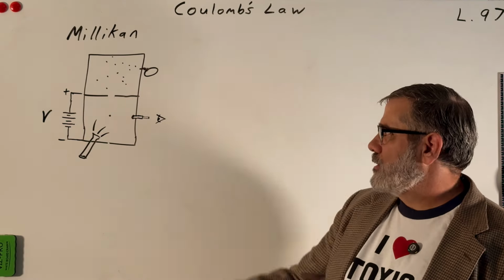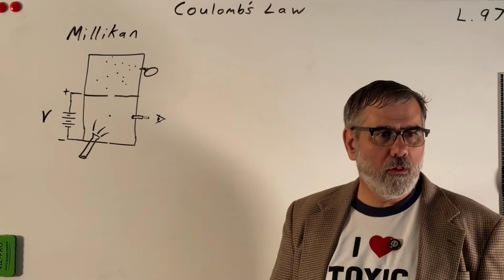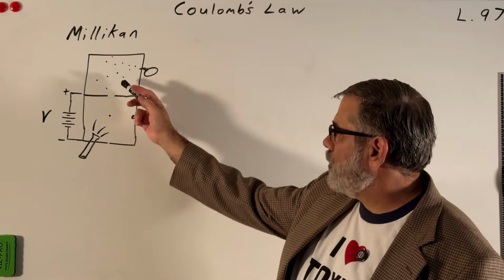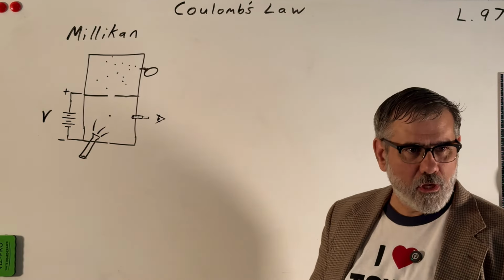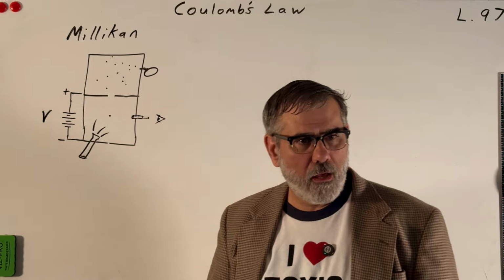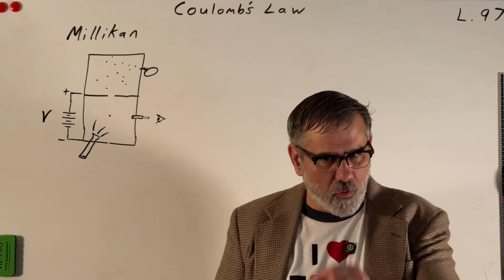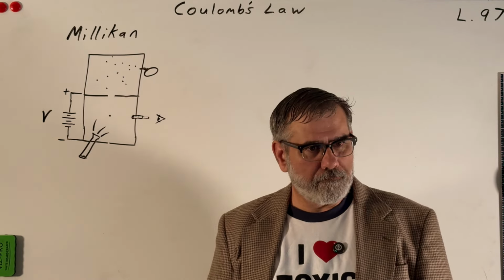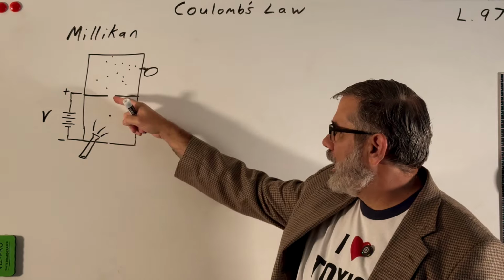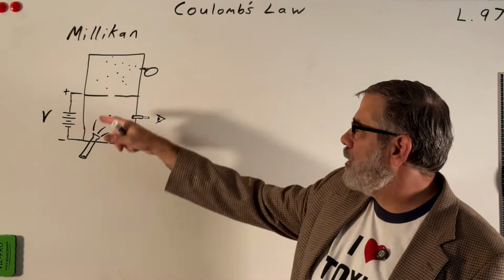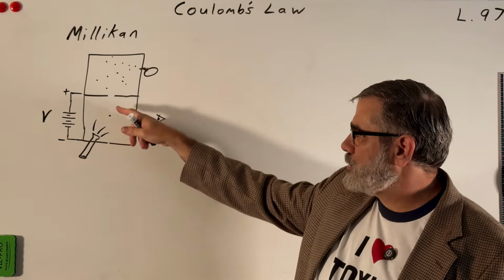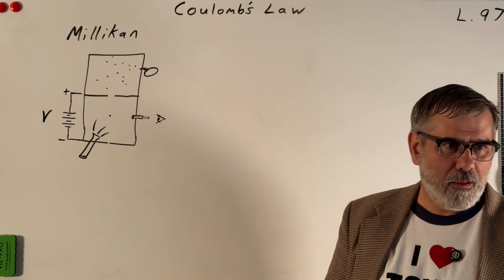So we have an atomizer here that spits out a spritz of oil, little oil drops, okay? And these oil drops will fall inside this, basically think of it as a big barrel. It's going to be sealed off from the outside to avoid air currents and stuff like that, so that the oil drops will fall a nice steady path, right? And they fall down through this device, and there's a metal plate that has a hole in it so that some of the oil droplets go through the hole and into this second area of the experiment, okay?